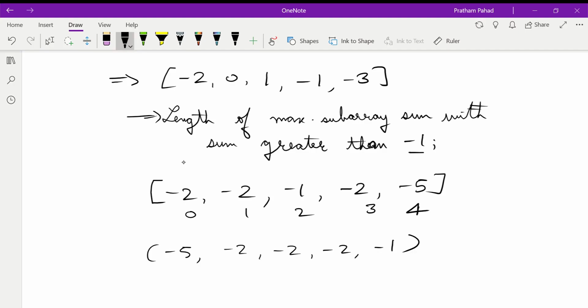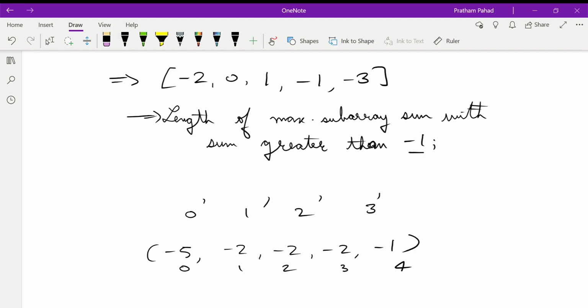If I sort this array, I can get the minimum index which is greater than equals to minus 1. Don't worry, when we do the dry run, it will be more clear. Okay. So till this point we have made the prefix sum.